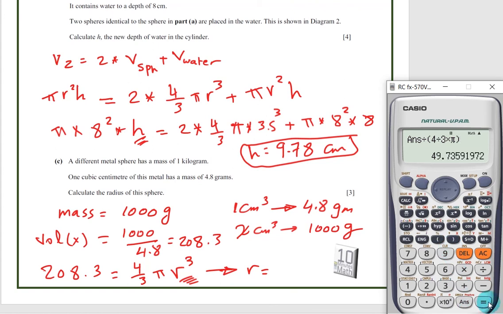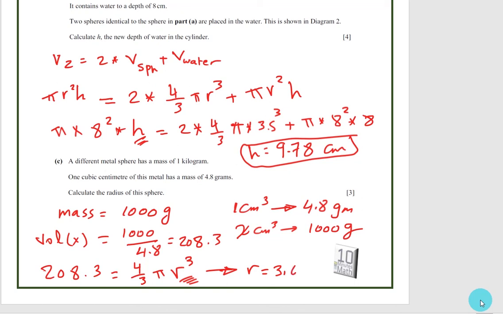So this is r cubed. Now take the cube root of the answer. So the radius of this sphere will be 3.677 centimeters.